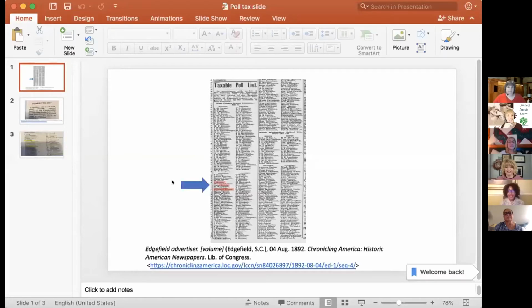I can. Okay. This is a taxable poll list for Edgefield, South Carolina, August 4th, 1892. I know you can't read it, but it was in the newspaper and found on Chronicling America. The list is divided into white at the top and colored.